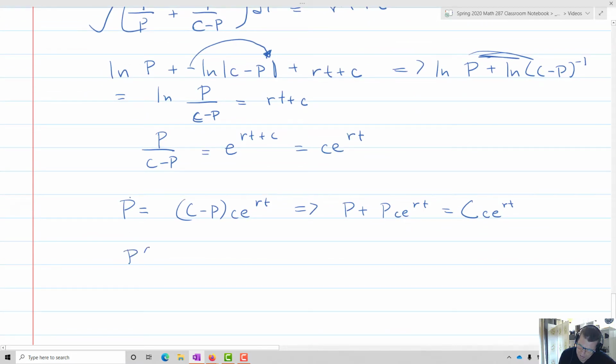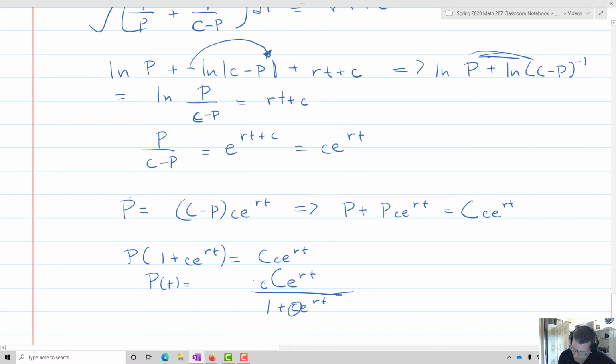And so p times 1 plus c e to the rt equals c times c e to the rt. So p of t is going to equal c times c e to the rt, which we'll split up. We're going to make it little c times big C e to the rt, all divided by 1 plus c e to the rt.